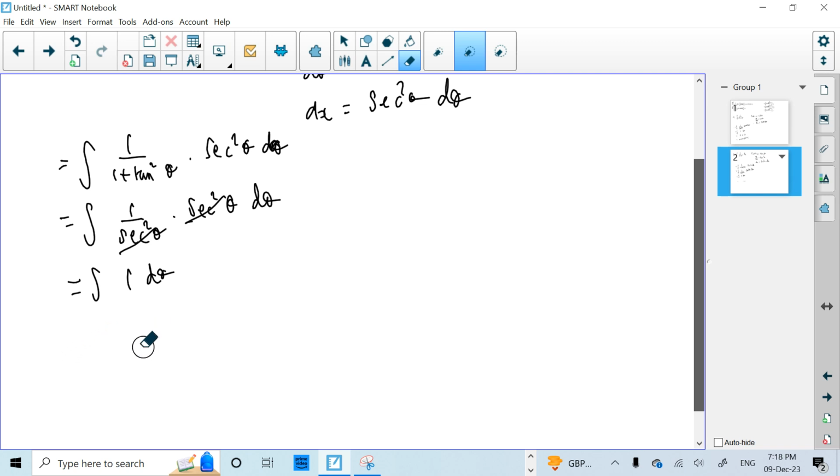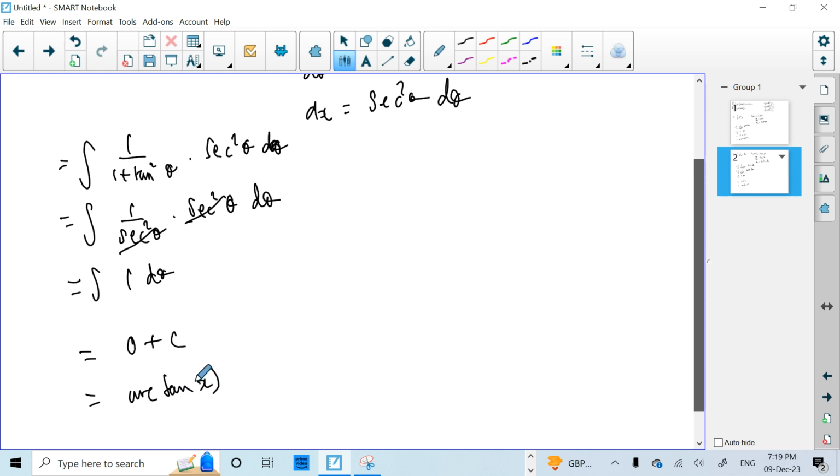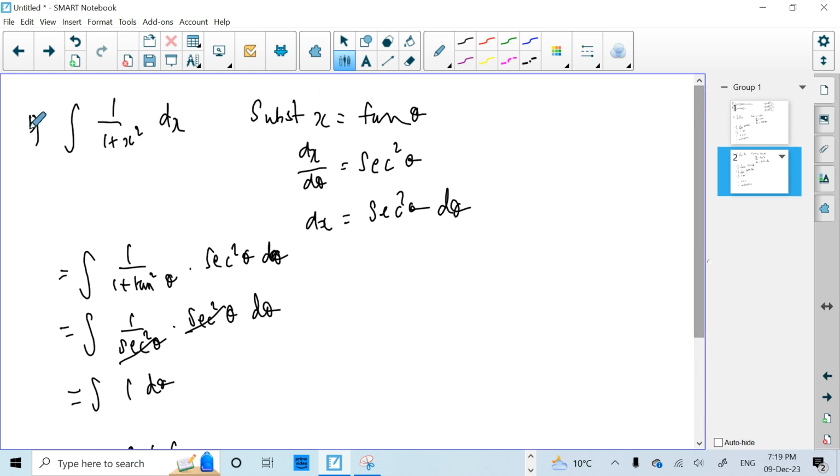That gives me, like before, theta plus c. And again, x is equal to tan theta, and then we just rearrange it to make theta the subject, and that will give us arc tan x plus c. Okay, because that's just the inverse. And that's how we show that these identities are met.